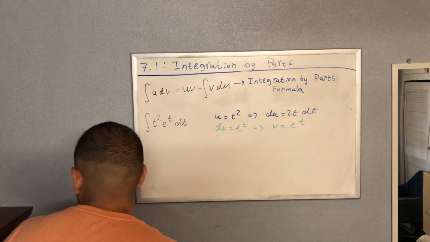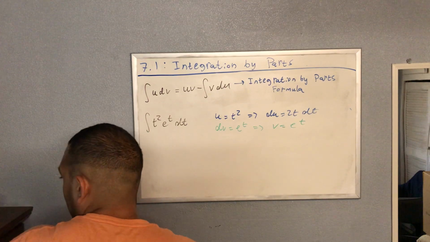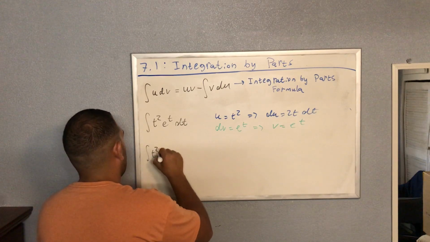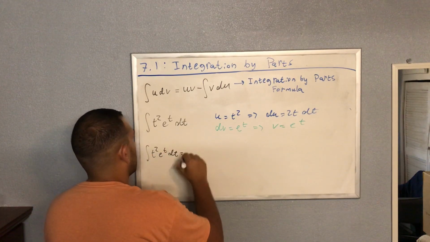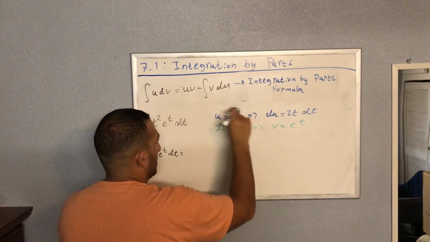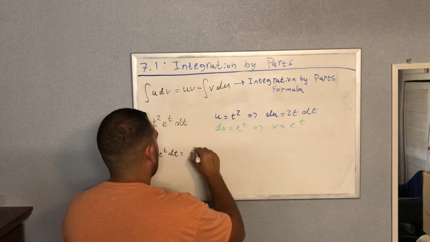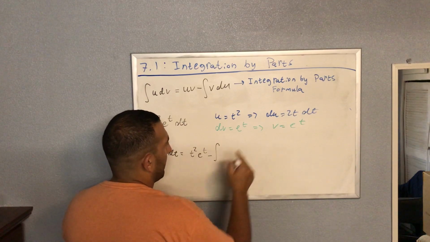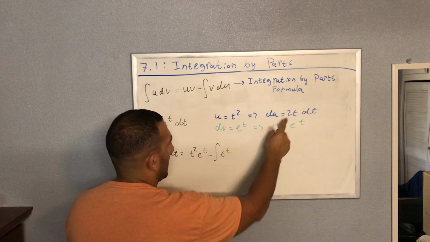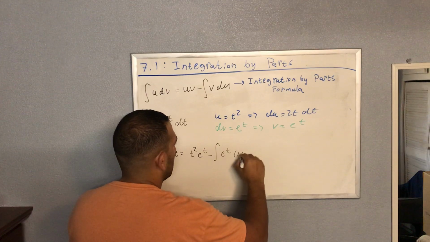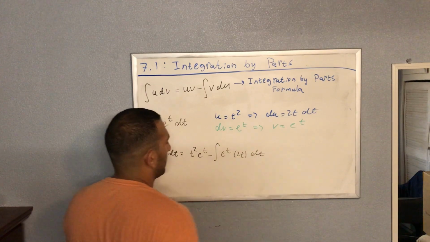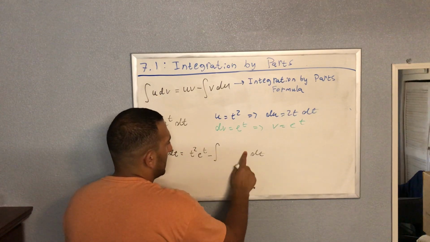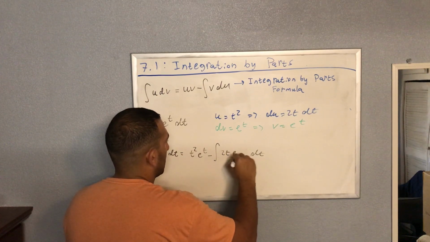So now applying the integration by parts formula, this is going to be u times v, so t squared e to the t, minus the integral of v, e to the t, times du. So times 2t dt, which I'll float out in front. So 2t e to the t dt.